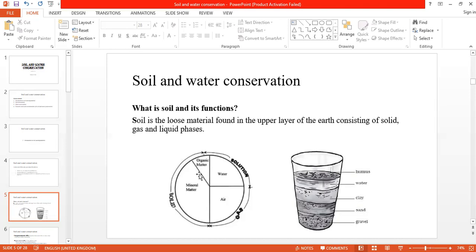Then organic matter is the second component of the soil. This can be living or non-living. The non-living is the humus and maybe the leaves which are incorporated in the soil. Then you have the living component of organic matter, which are the earthworms, the microorganisms, and those things.